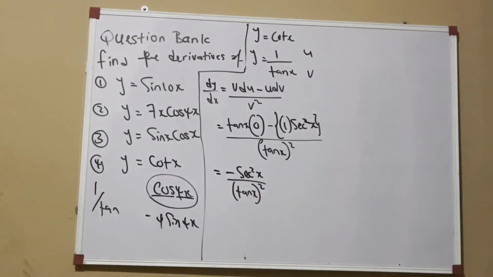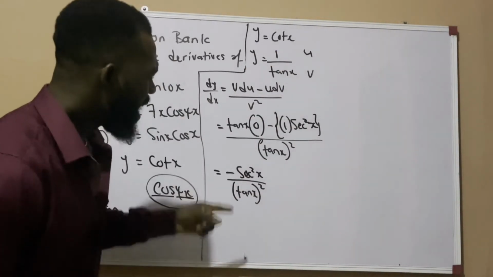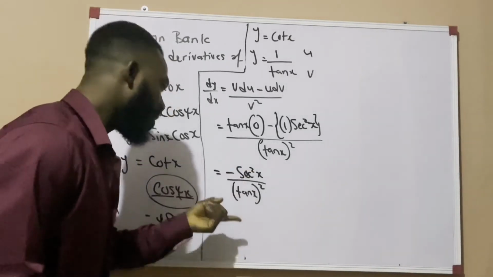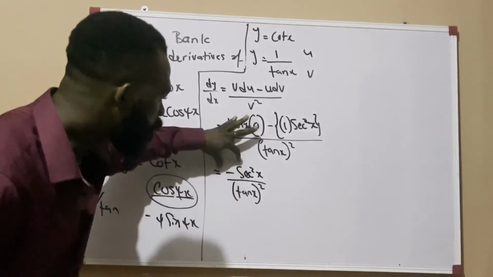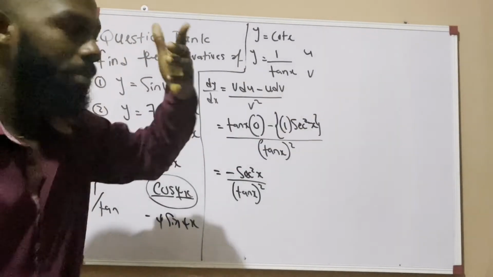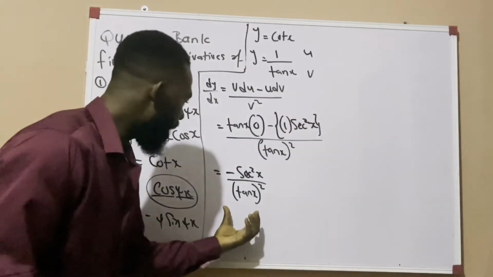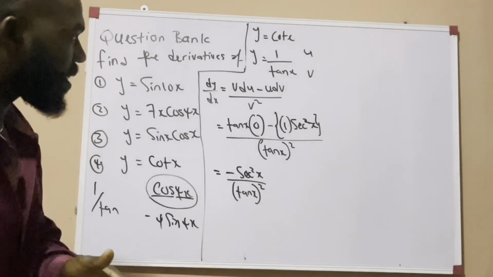Now let me explain something to you here. Watch. In this situation, on top we have minus sec square x, and down we have tan square x.